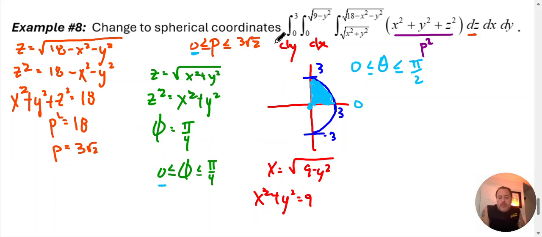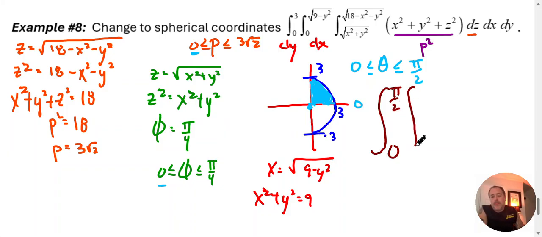When we do this problem, we're now going to start writing up our answer. Our basic integration is going to be theta from 0 to pi over 2, phi from 0 to pi over 4, and these are interchangeable. Then rho from 0 to 3 root 2, of rho squared.